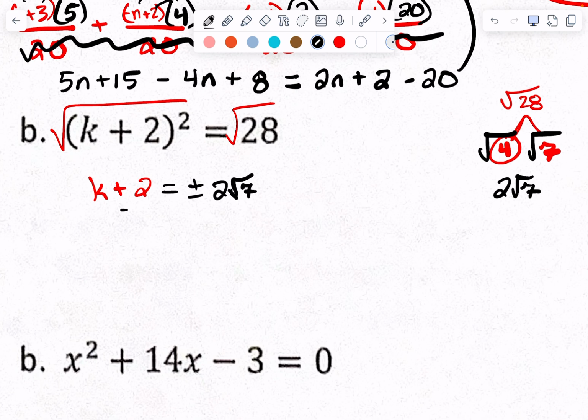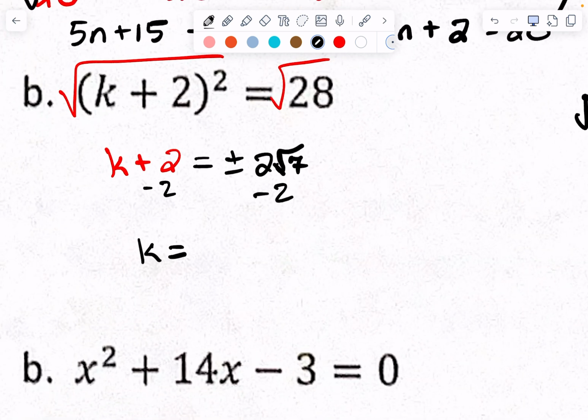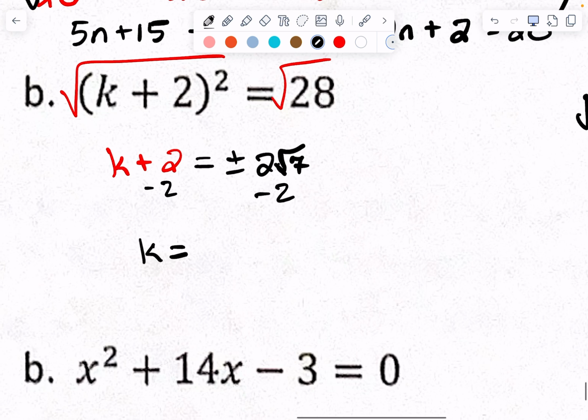We need that minus 2. And we've got a minus 2. Can I subtract 2 from that? Sure. How do I write it? Negative 2 plus minus 2 square roots of 7. Or you could put the minus 2 at the back.